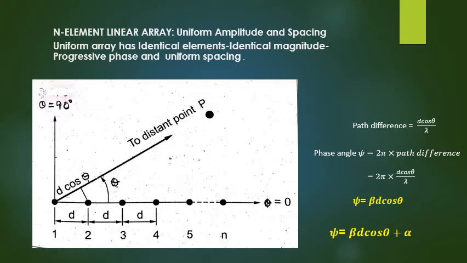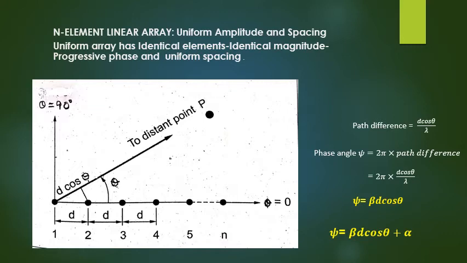Now the path difference in wavelength is equal to d cos theta by lambda. Therefore the phase angle psi is equal to 2 pi into path difference, that is 2 pi into d cos theta by lambda. So psi is equal to beta d cos theta, because 2 pi by lambda is beta.